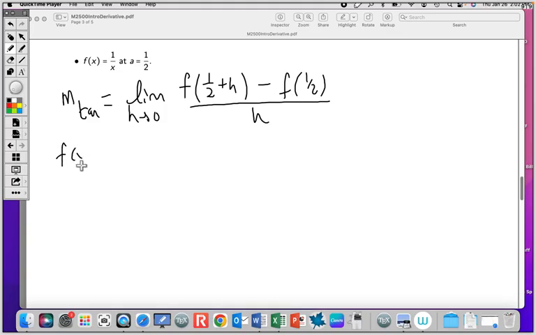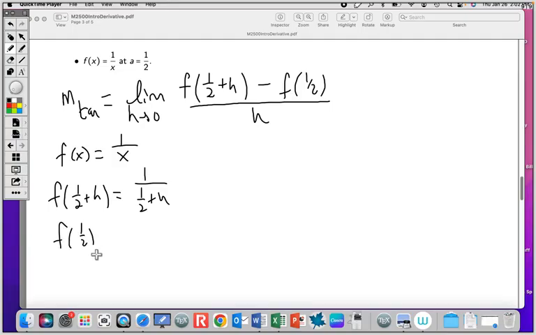So once again, our f of x is 1 over x. So that means our f of 1/2 plus h would be 1 over 1/2 plus h. The f of 1/2 is still 1 over 1/2, which is 2. So let's feed all this into the difference quotient and see what we get.